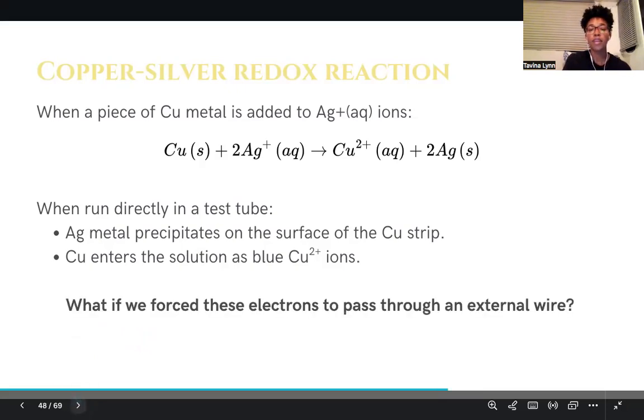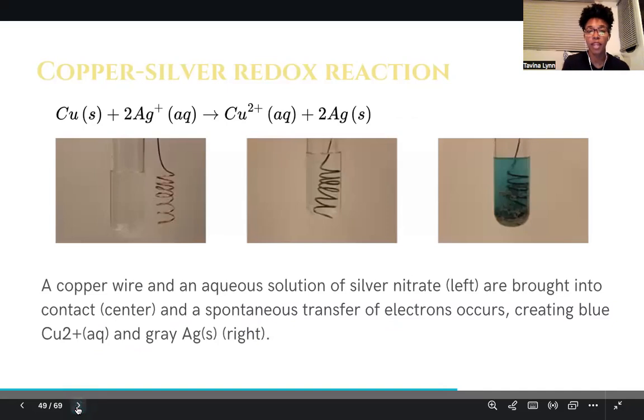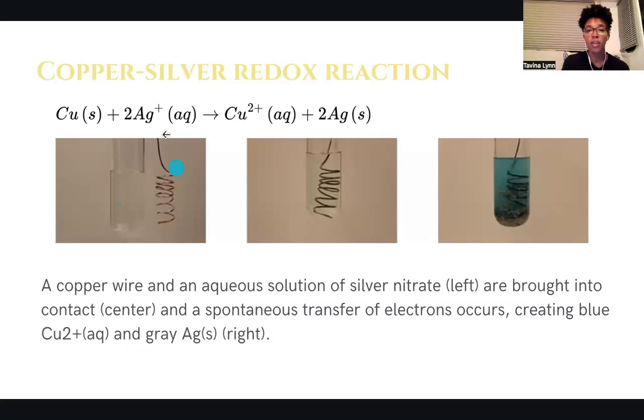So this is an example of direct electron transfer. If we do this reaction in a test tube, there's a direct transfer of electrons from the copper to the silver. Now, if we force these electrons to pass through an external wire, here's an example of this. We have a copper wire, and this test tube has a solution of silver nitrate.